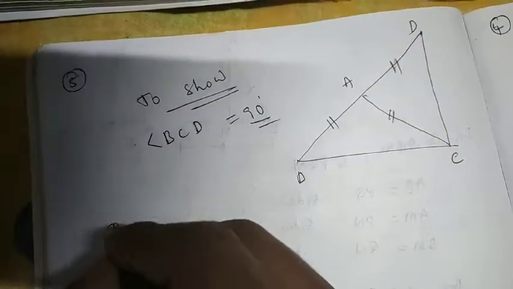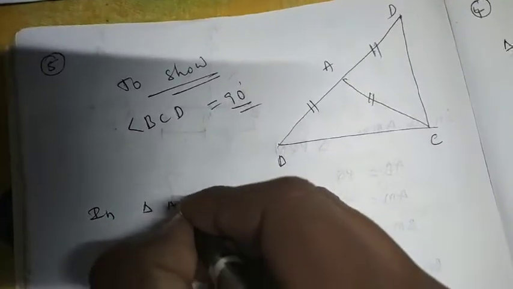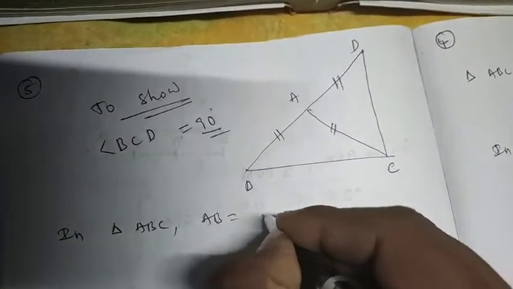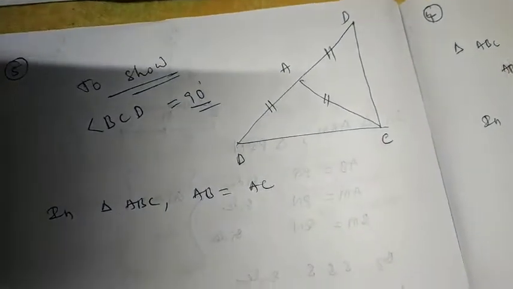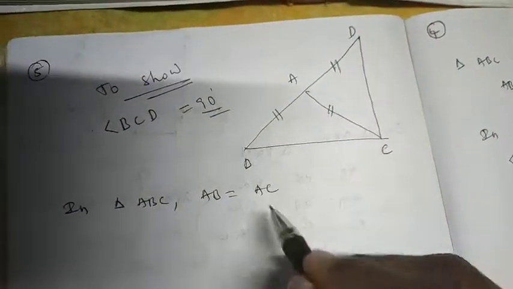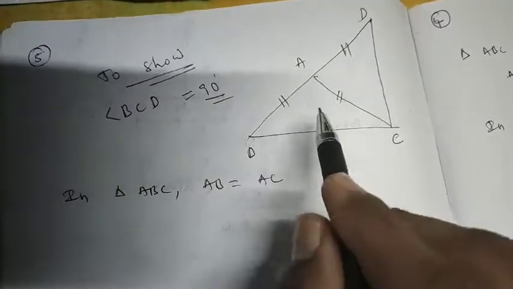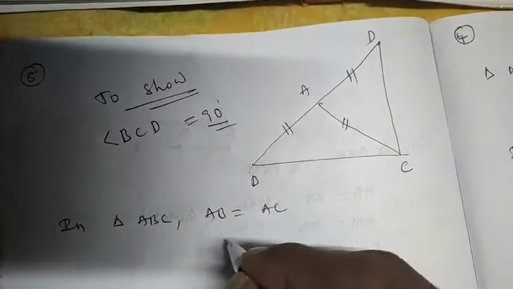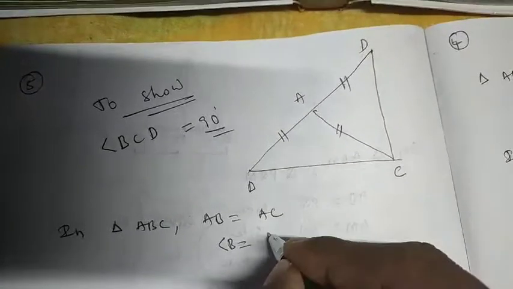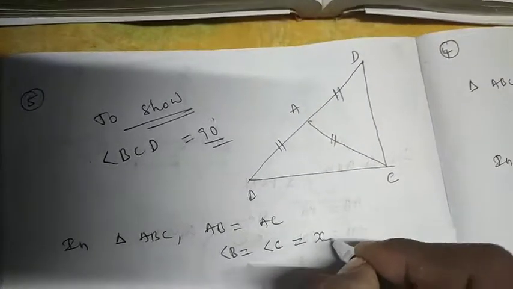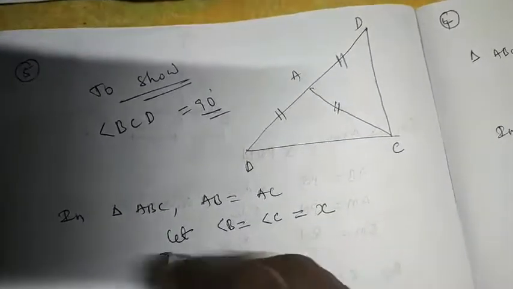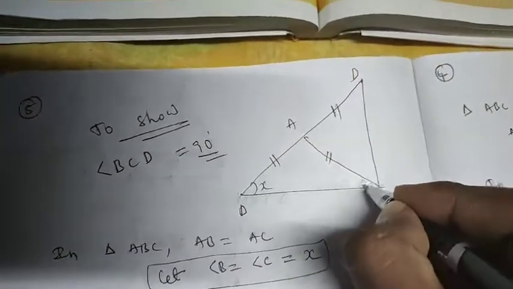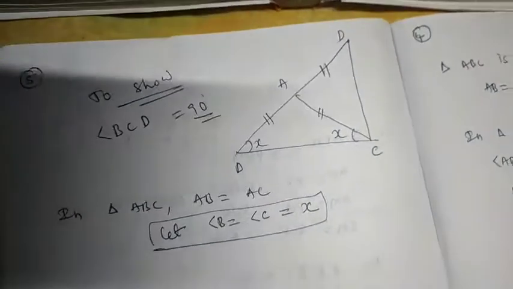Here in triangle ABC, two sides are equal, beta, so AB is equal to AC. I told you already, if two sides are equal, the angles opposite to the equal sides are also equal. So from this I can say angle B is equal to angle C. Let's imagine the angle is X. Look at angle X here, and here also X, correct?